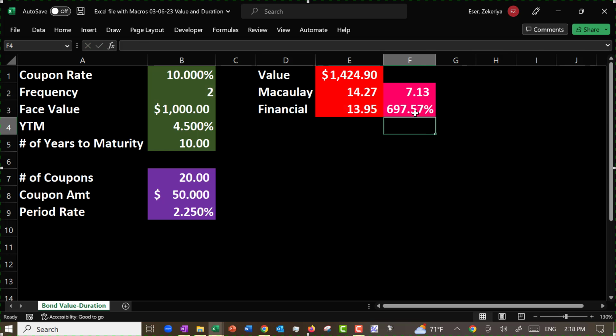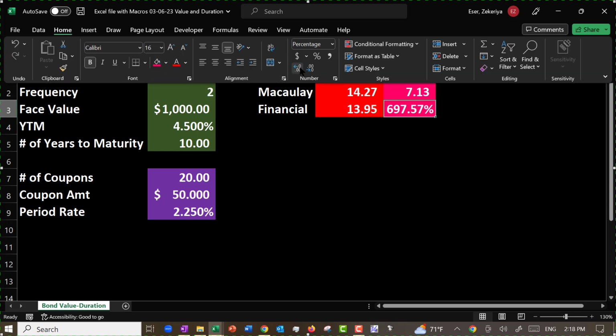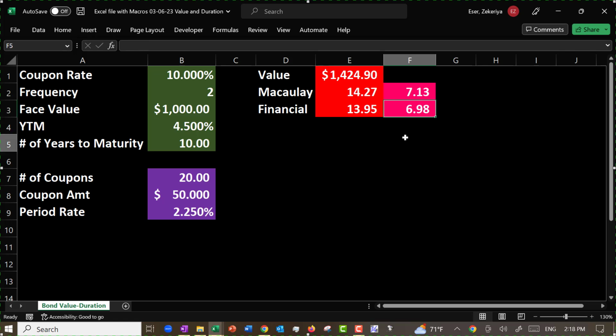Think of that as if yield to maturity goes up by 1 basis point, value of the bond is going to drop by 0.00698%.